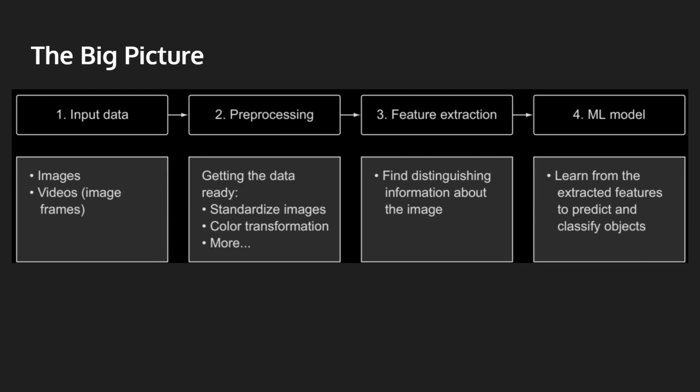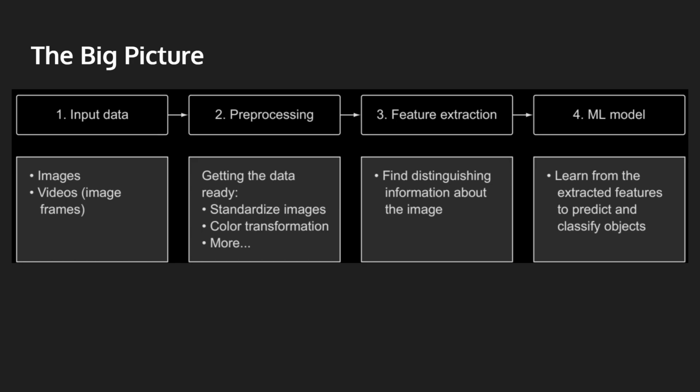So now let's look at the big picture, right? And this big picture generalizes pretty well for most deep learning problems that you can approach. So first, our input data. It can be images, videos, text, anything. And we pre-process the data to get it ready for our model, right?